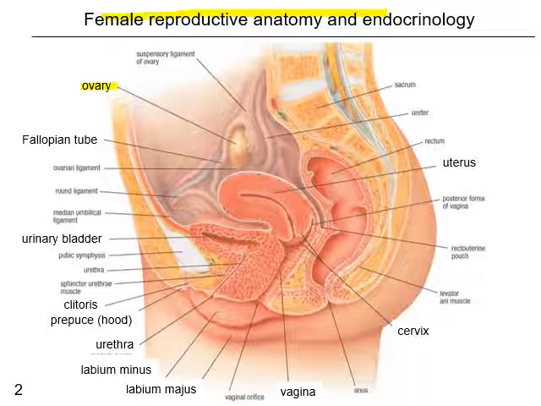The ovary is located in the abdominal cavity. It is where follicles and oocytes are going to be developed. And it is from there that oocytes are going to be ovulated, picked up by the fallopian tube.